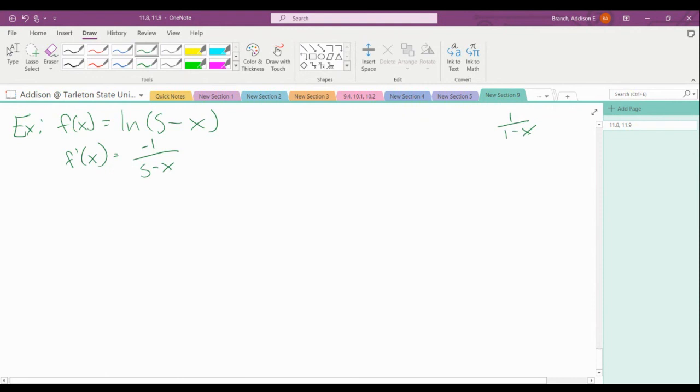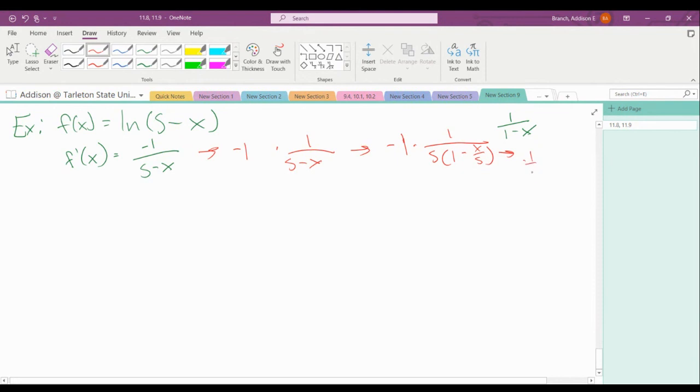So now let's go ahead and do that. We can start over here by pulling out a negative 1 times 1 over 5 minus x, and then we can pull out 5 from the denominator. Negative 1 times 1 over 5 times 1 minus x over 5.